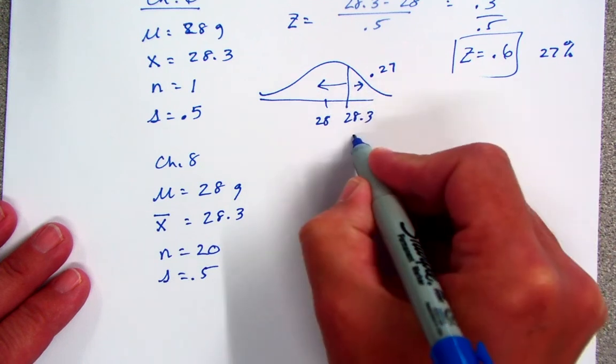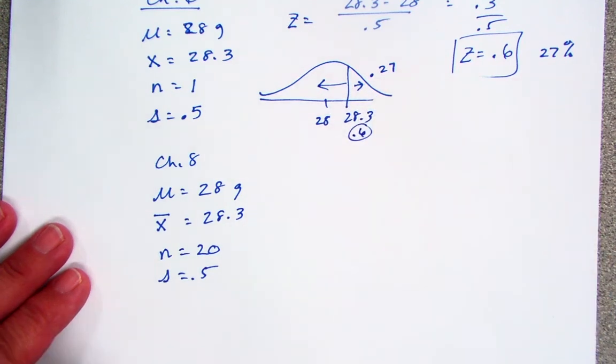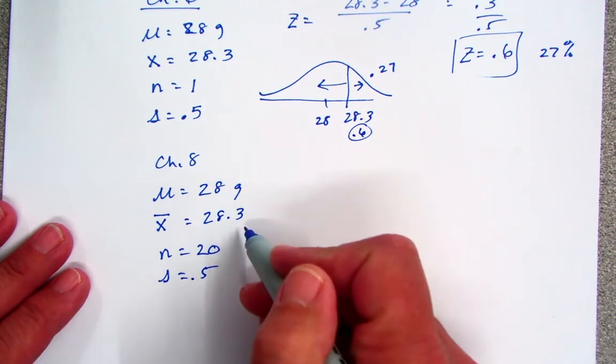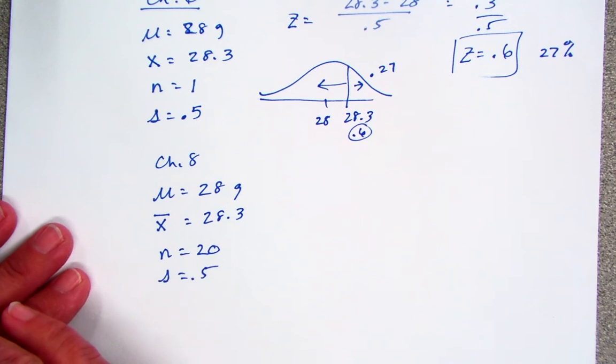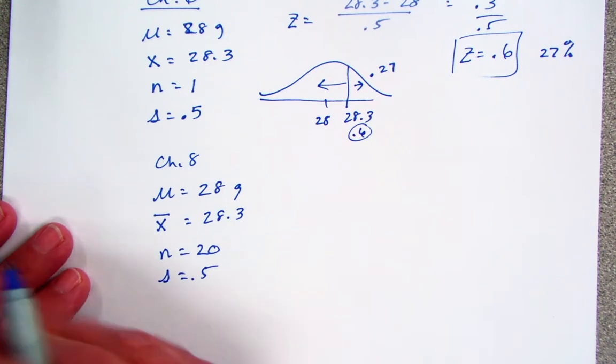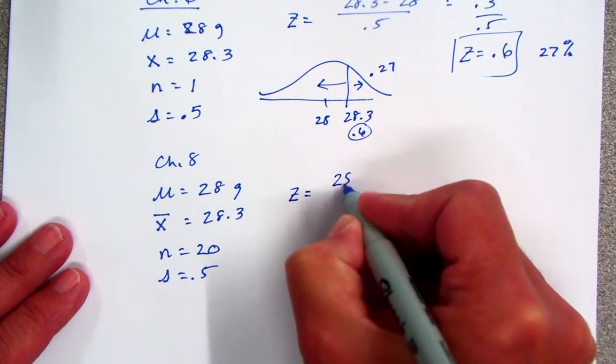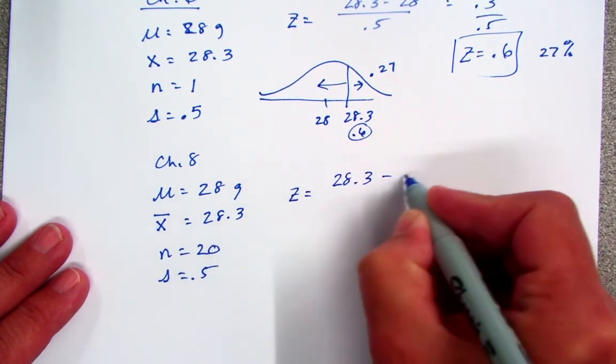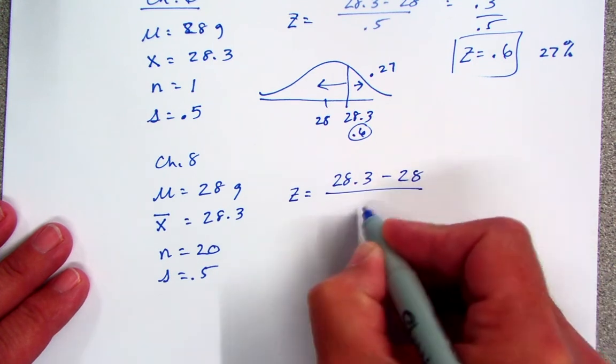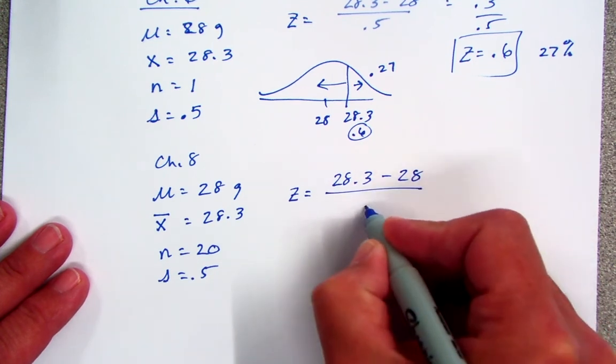Here was 0.6 steps above. That was my z-score. Now I'm trying to figure out, with this sample, it's more evidence suggesting that they weigh more than 28, but still, is it significant? Is it quite a bit more? So my z-score is my sample mean minus the population mean, divided by the standard deviation.